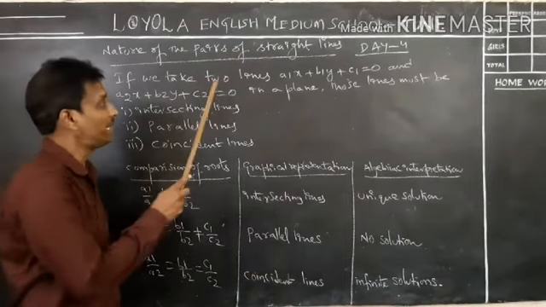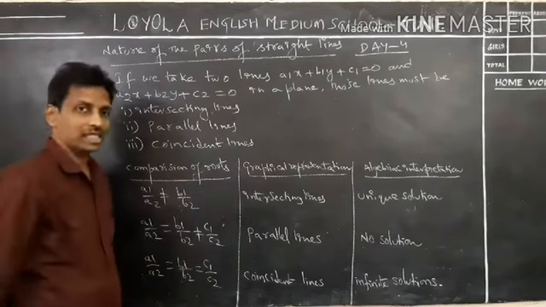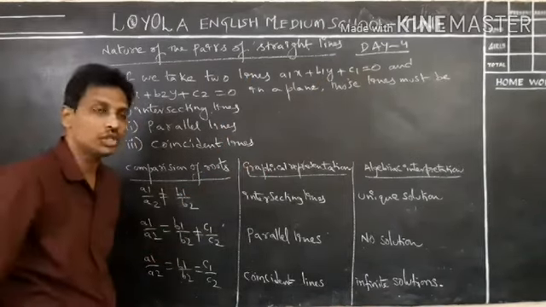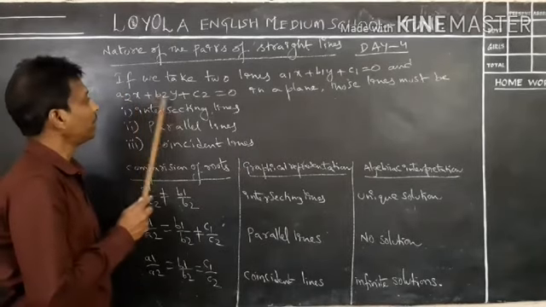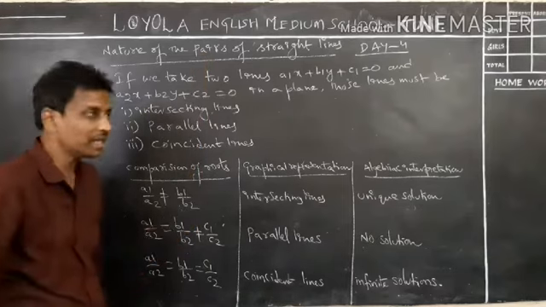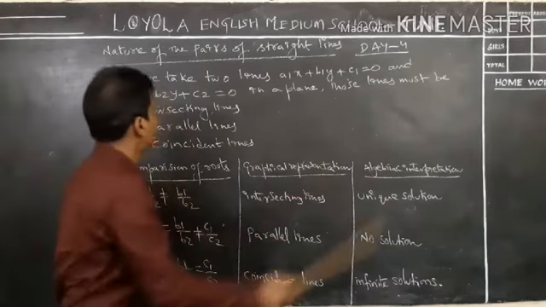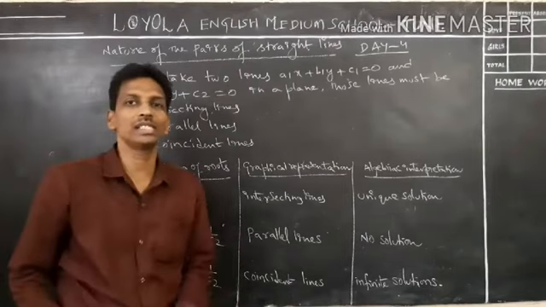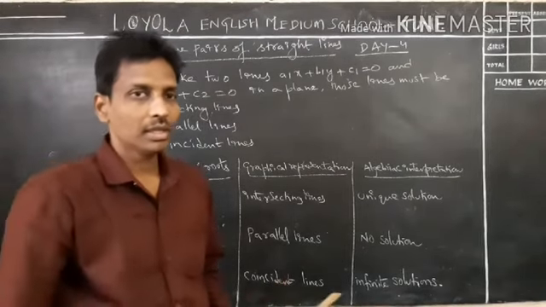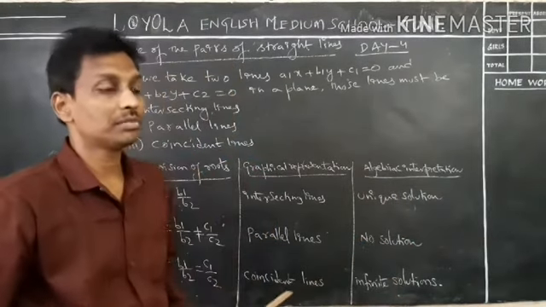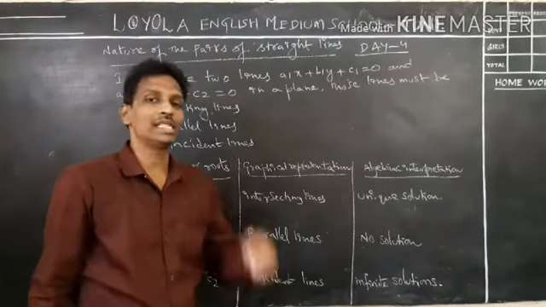If we take two lines a1x + b1y + c1 = 0 and a2x + b2y + c2 = 0 in a plane, if we consider two lines on a graph sheet, by observing the graph sheet we may identify three conditions.